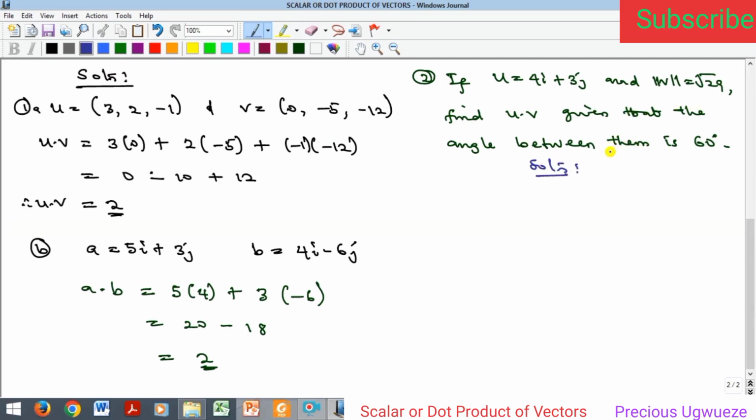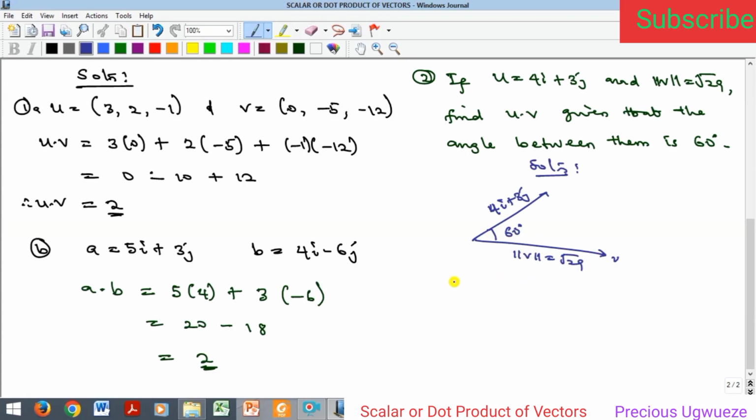You may like to draw these vectors. Our u is 4i plus 3j, and what was given for v is the magnitude, which is the square root of 29, and then an angle was given to be 60 degrees, and they're asking us to find the dot product.